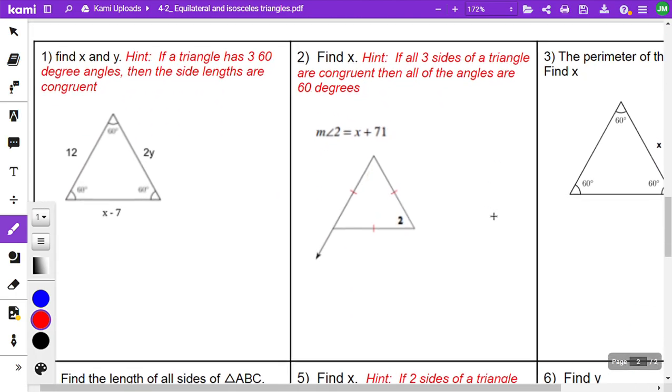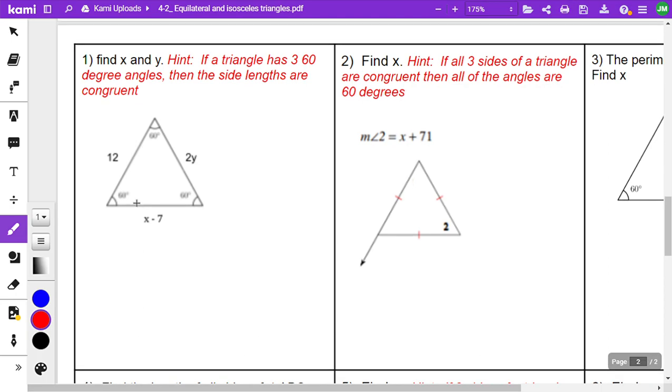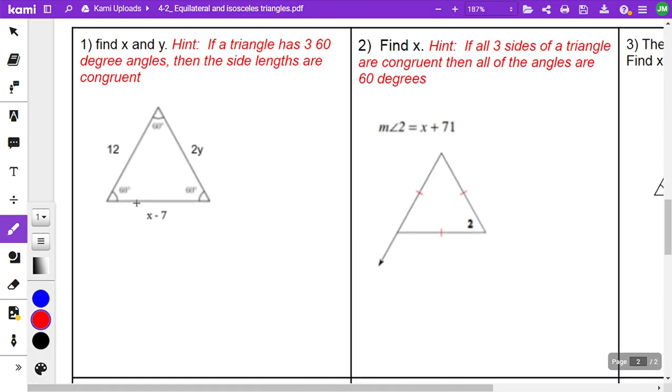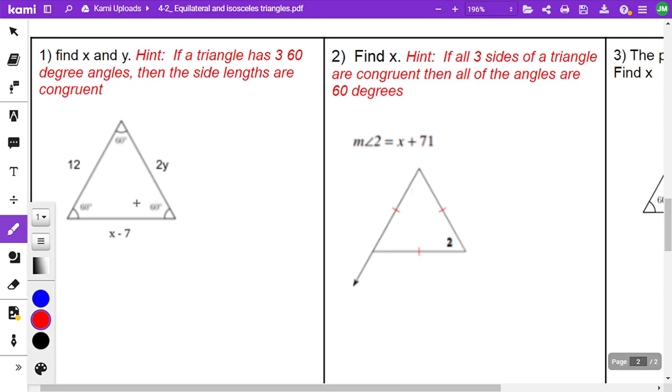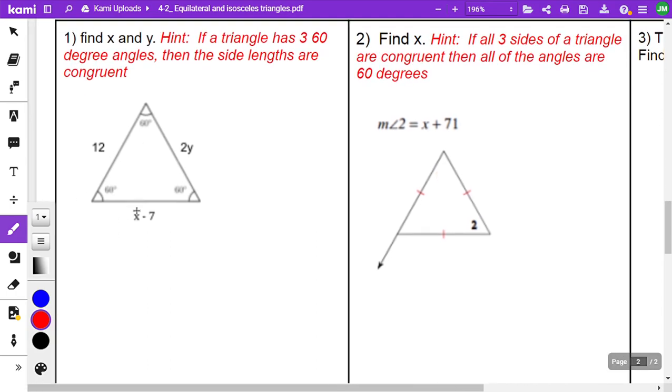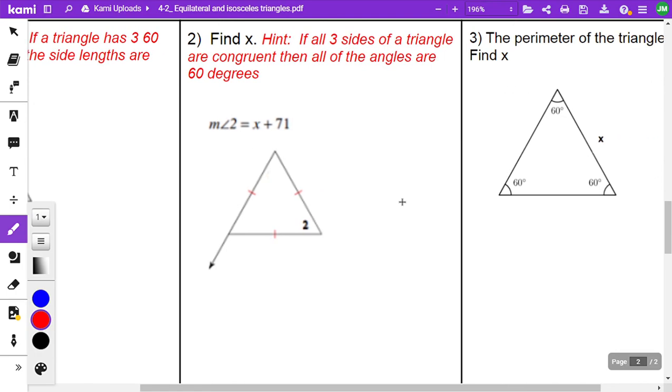So I'll have an answer key for you so you can check your work. If you have questions, you can ask the substitute teacher, who will have an answer key for you. So we have problems that look like this: equilateral triangles, follow the notches.